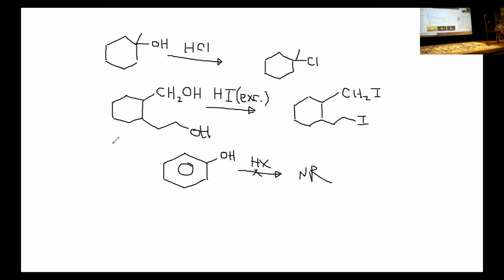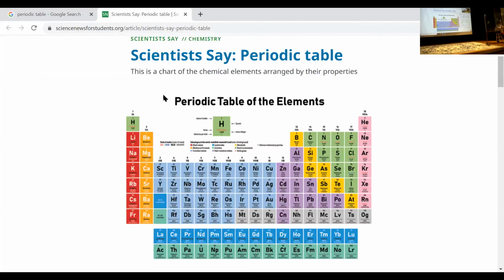I want a video, images. It's maybe not the best one, but we'll make it work. All right, so now all of you in chat should be able to see this periodic table.